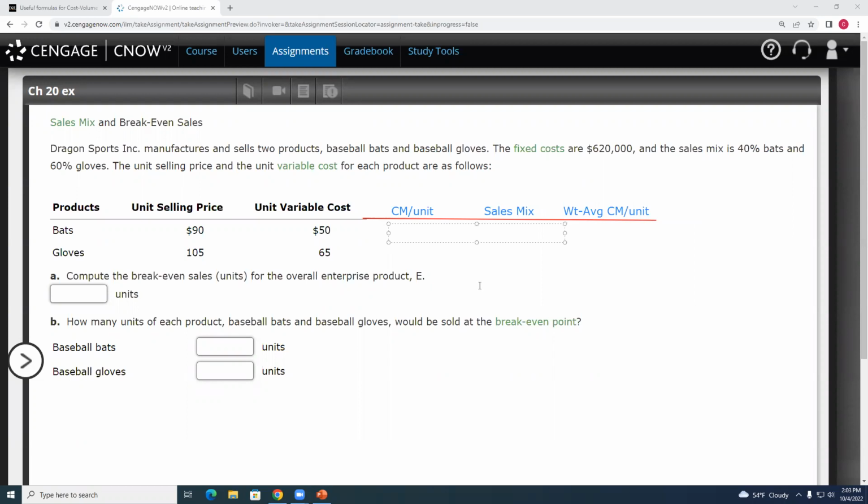We have given to us the unit selling price for bats and the unit variable cost. So $90 selling price, $50 is the variable cost. Our contribution margin per unit is $40, right?